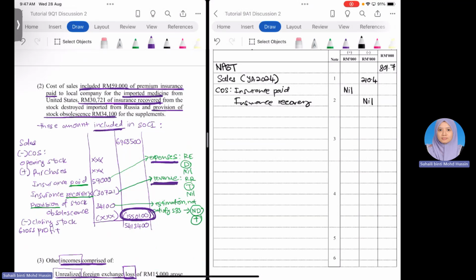Thus, for taxation purposes, this amount is not allowed for deduction, so we have to add it back. We added back 34,100 ringgit. Not allowed for deduction, so in taxation the amount is added back.